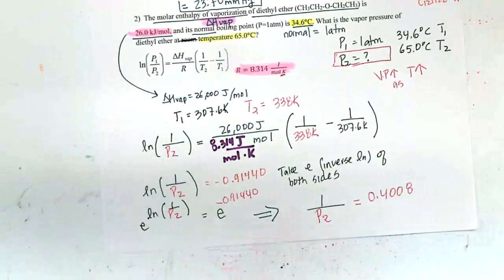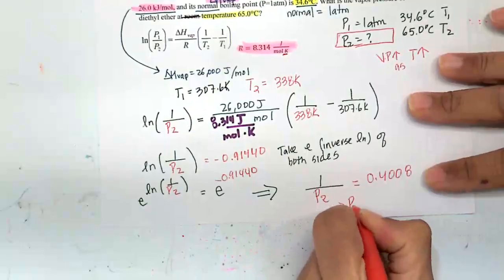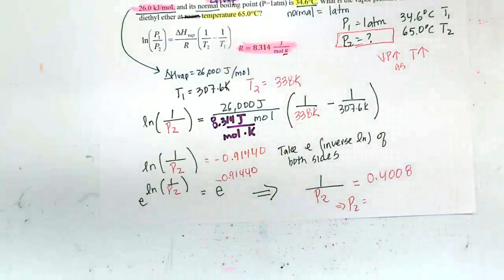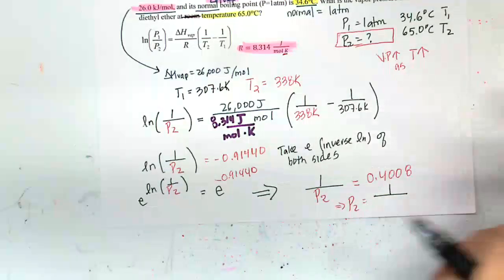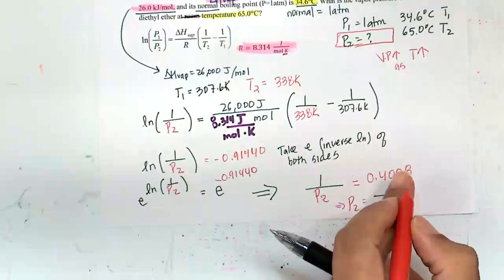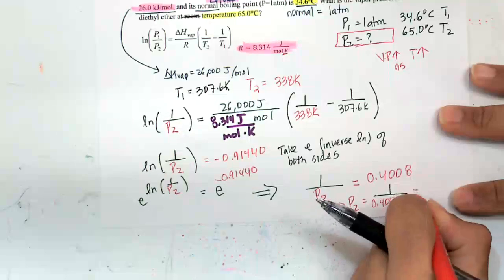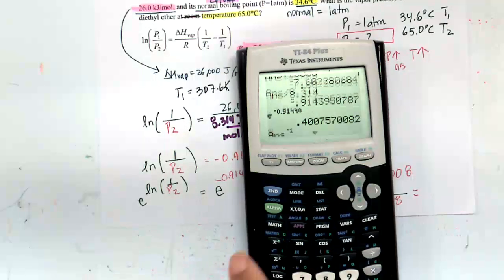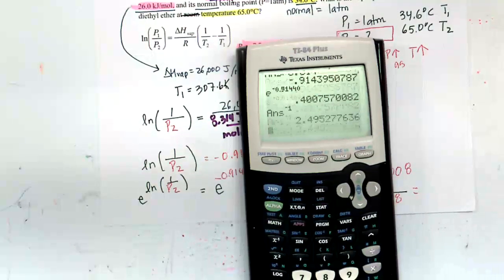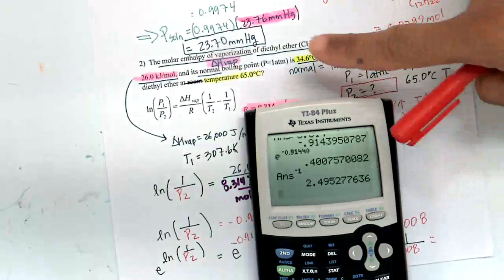All right, so we will solve for P2 here. 1 divided by 0.4008. Don't forget the units. I'll take off half a point if there's no units. And 1 over that number is 2.50 atmospheres, 2.50 ATM.